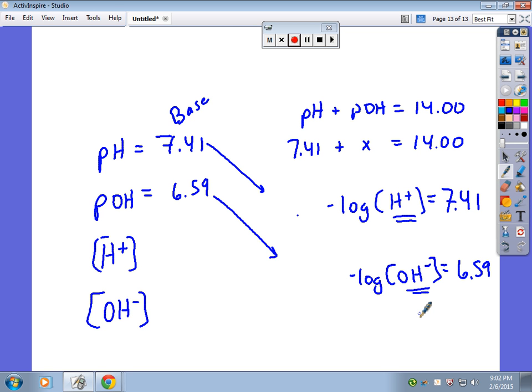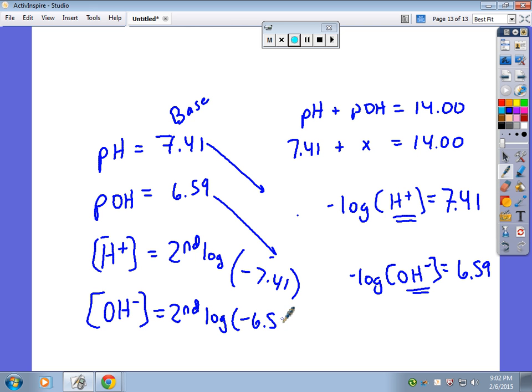Okay, so press second log of your negative pH. On the very bottom of your paper it says to find the hydrogen ion concentration. On your calculator you're going to press second log of your negative 7.41. Or actually it will look like this on your calculator: negative 7.41. And to get OH minus, you press second log of your negative 6.59, because you're doing the opposite of this now.